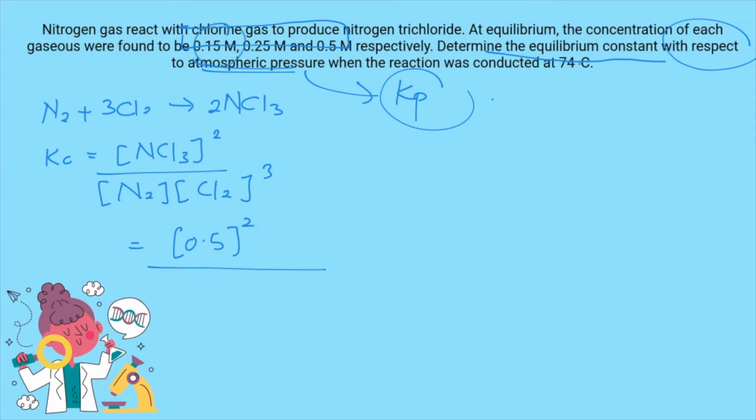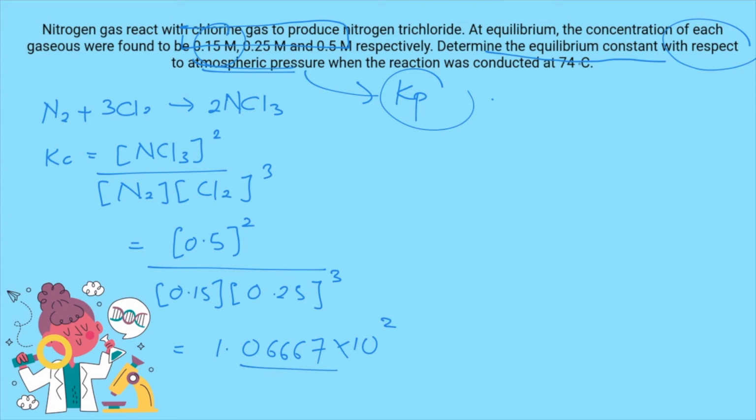Nitrogen gas is 0.15 molar, and your chlorine gas is 0.25 molar, and because you have 3 here, to the power of 3. So basically you shall get your Kc is equivalent to 1.06667 times 10 to the power of 2.